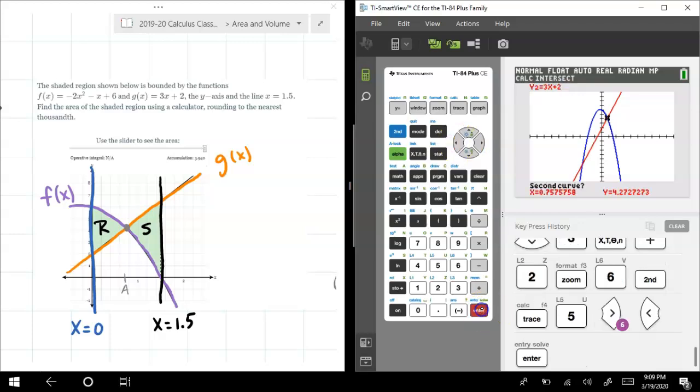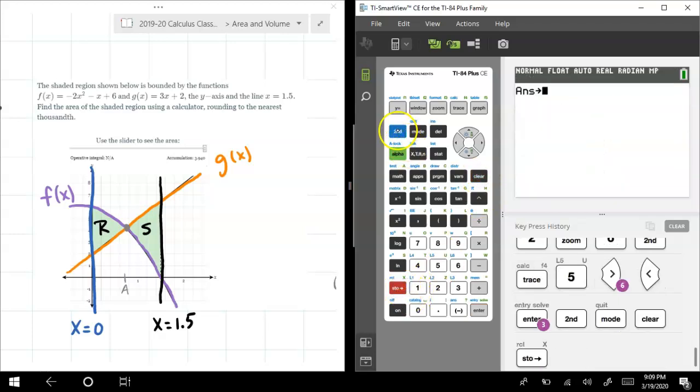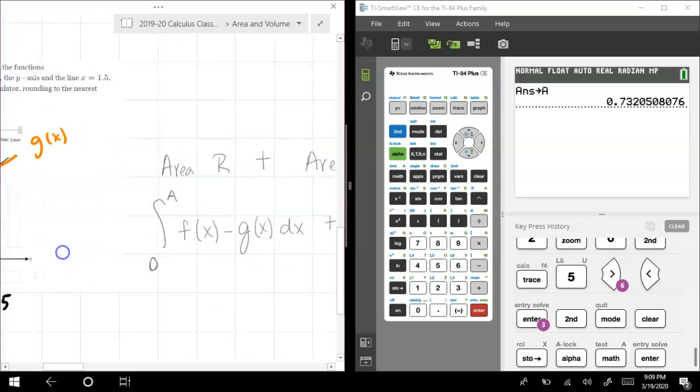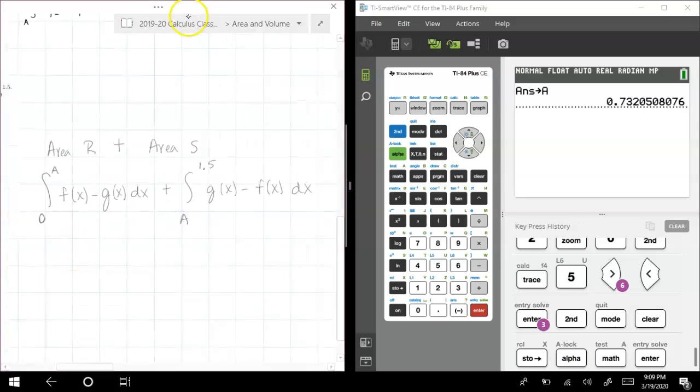Go close to it, hit enter 3 times. Intersection is 0.7. Back to the home screen. Immediately store it as A. So I put f of x in y1, g of x in y2.